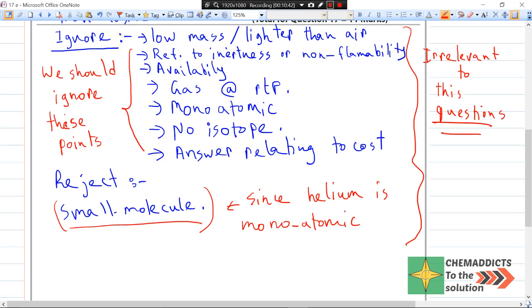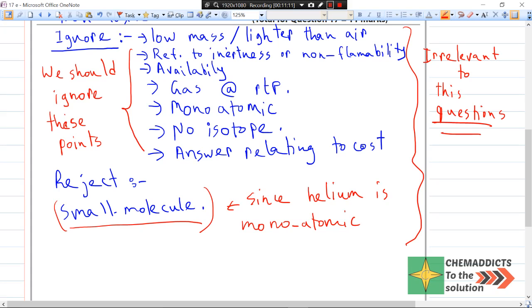Since helium is monoatomic, if we write small molecule instead of atom, then the examiner would not give us the mark. Since helium is monoatomic, we should write small atom instead of small molecule.